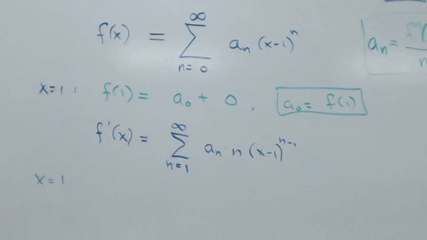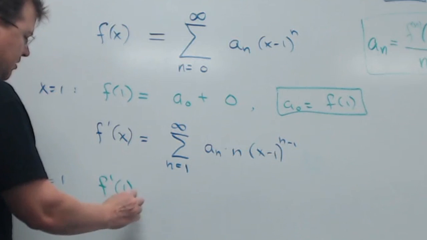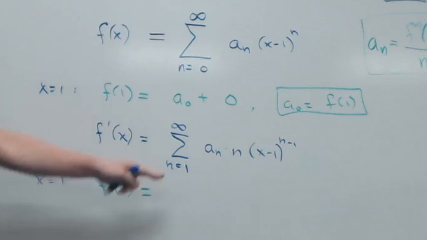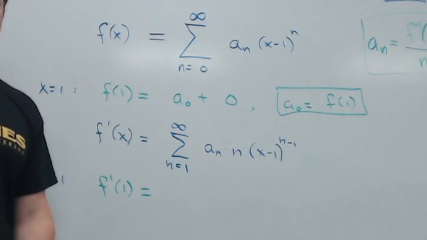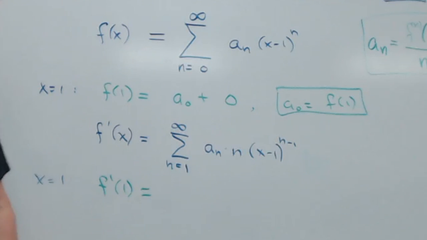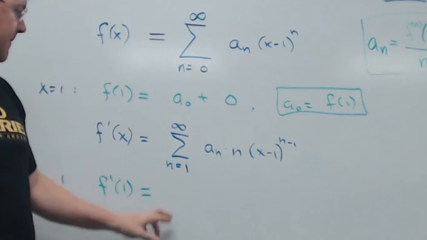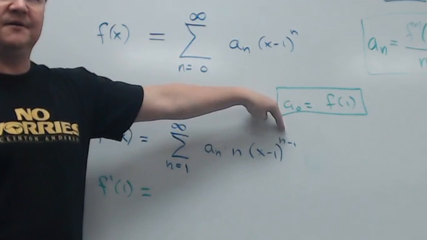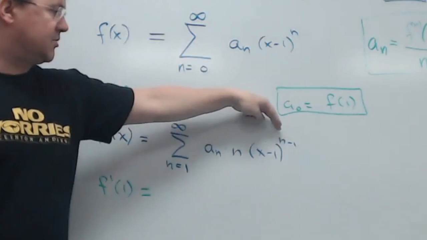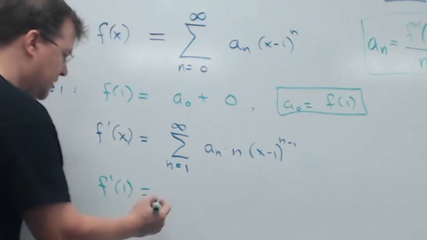So I play the same game. I plug in 1, and I learn something new about the function. I see that when I plug 1 into the derivative, I'm plugging 1 into this series, and every term except for one of them will become a 0. The only one that's not a 0 is a sub 1, the one where you have x minus 1 to the 0 power. It's a 0 power when n equals 1, that's the first term.